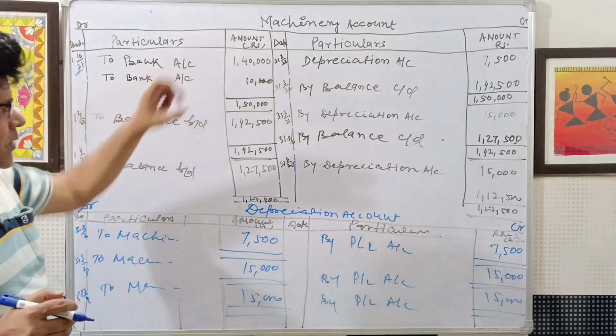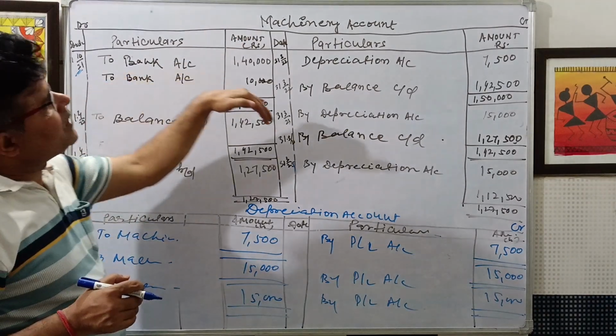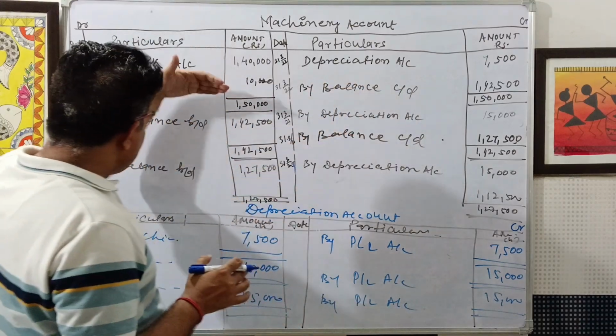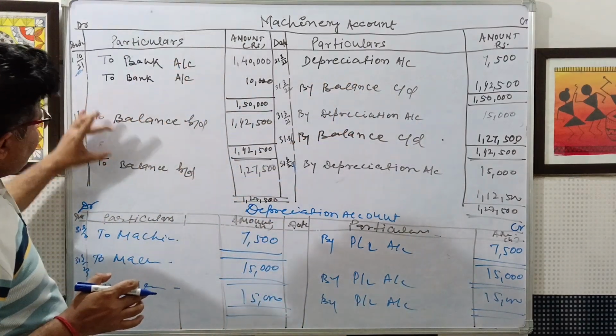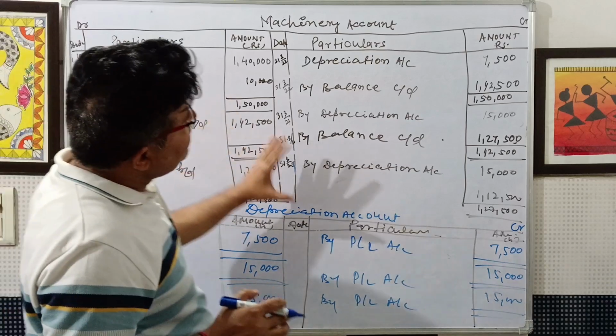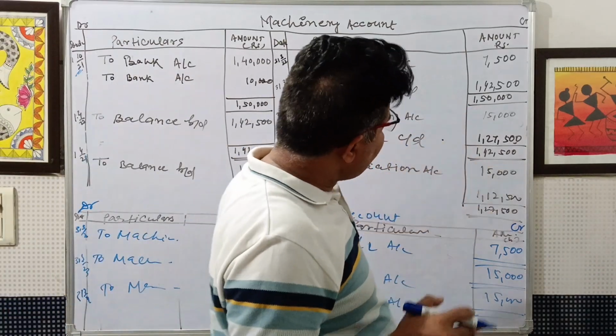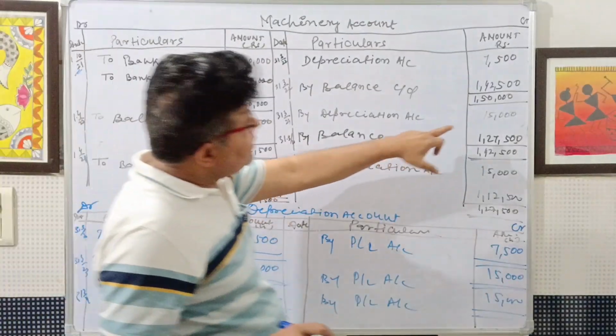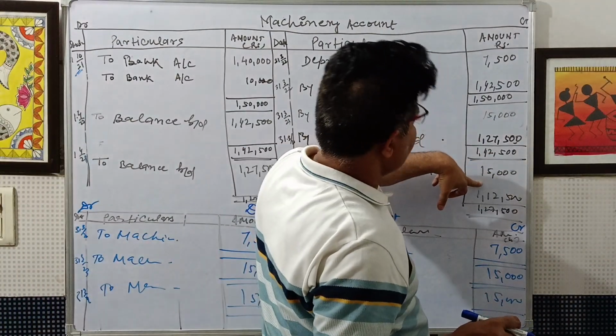So we charged the depreciation only for 6 months in this period, and after that we used the whole year in 23 and 24. So we charged the depreciation for the whole year because of the straight line method. So the value is the same, 15,000, 15,000 here.